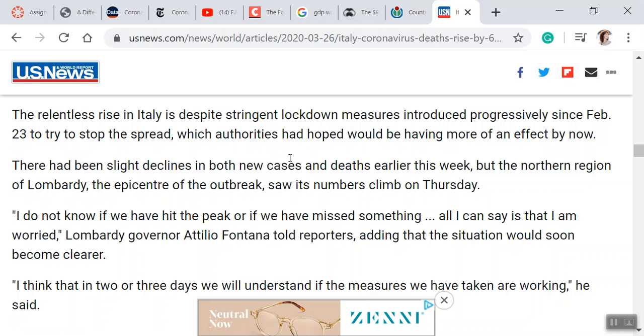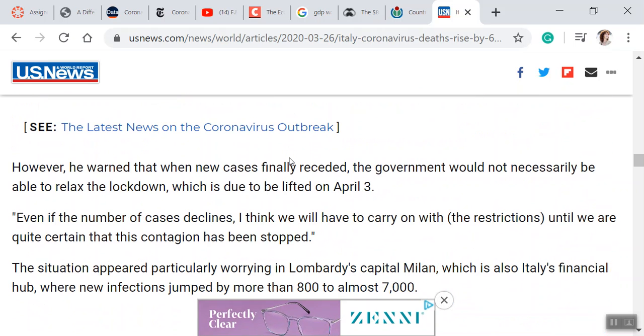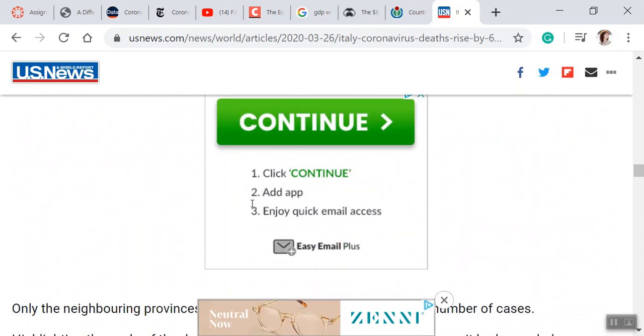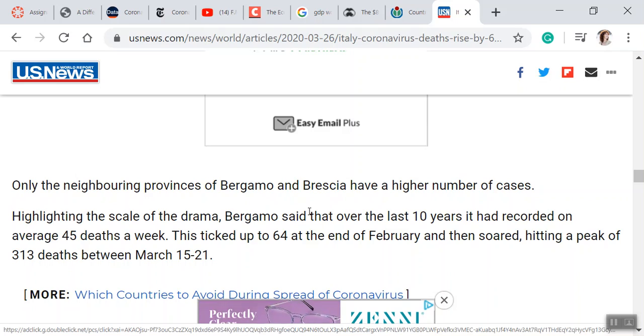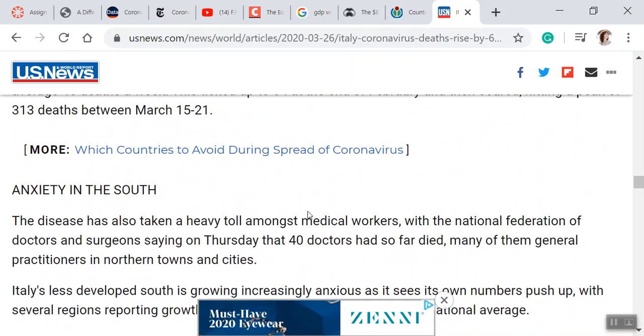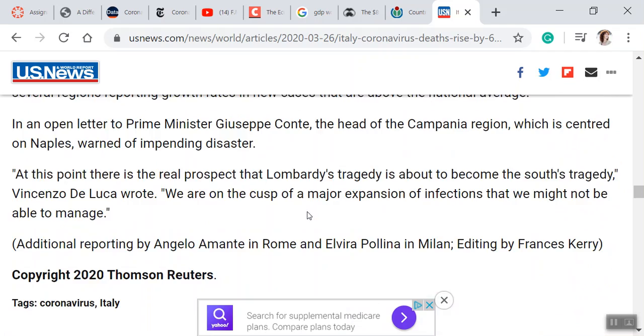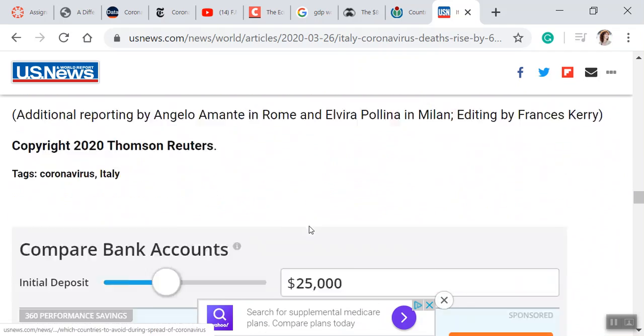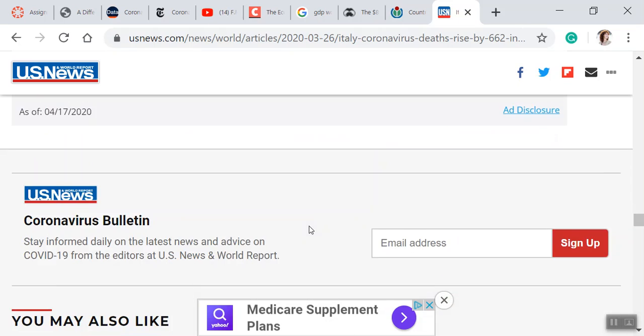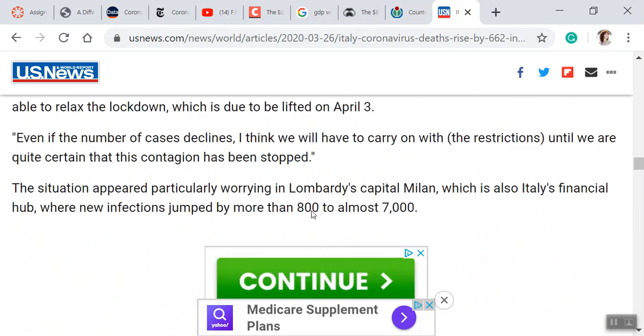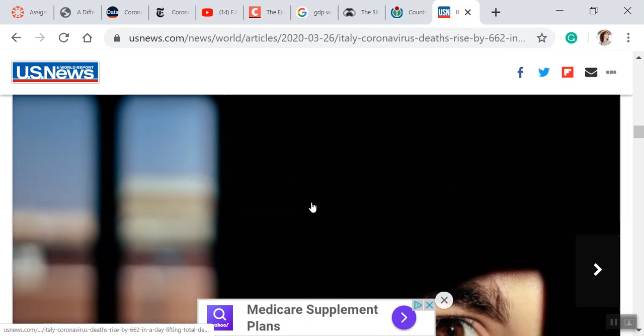Even though they're having a lockdown, I can find out what actually happened. Let's see if we have this. So anxiety in the South. Okay, so what actually happened was, right before the coronavirus hit in Italy, we had Carnival.